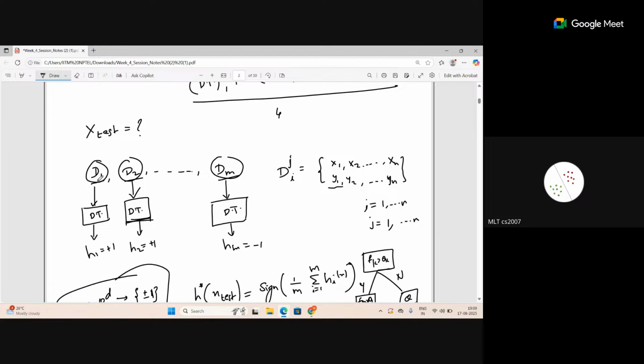You train the decision trees using these data sets and find out each prediction for X test. Let's say you have 10 different data sets, you use 10 different decision trees, and you get the predictions for the X test. The final prediction will be the average of these. Is that understandable?